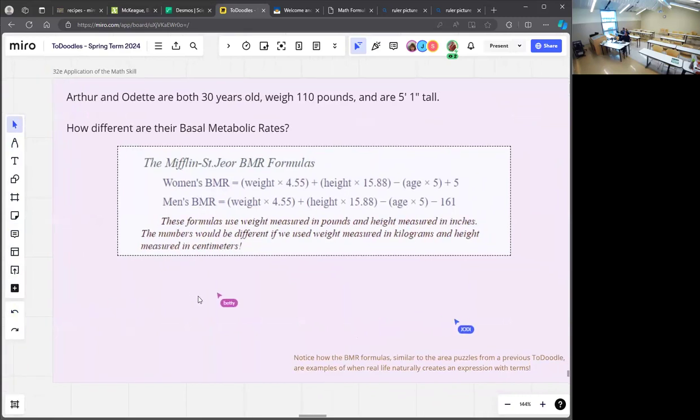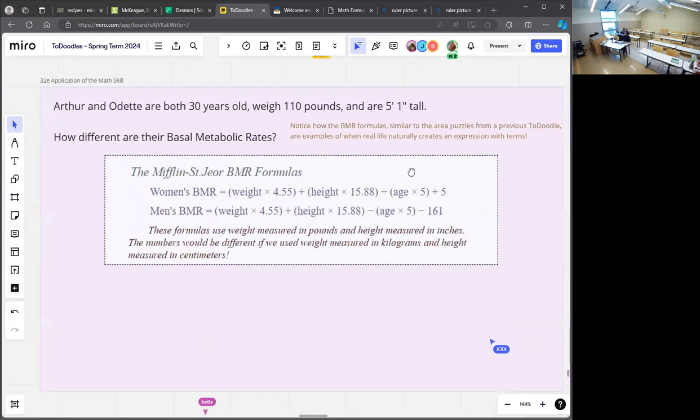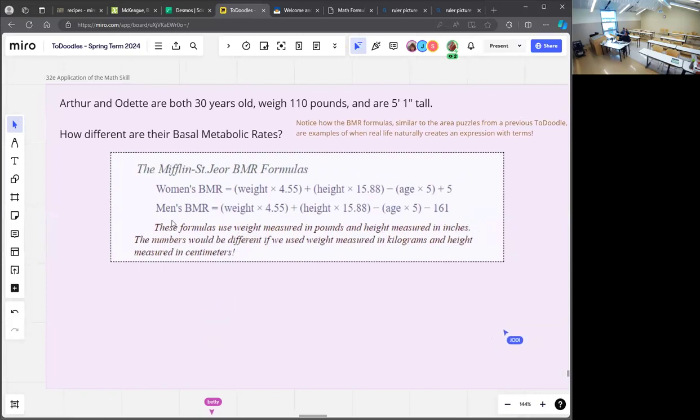So here's a more, I don't want to say difficult, because it's still not that hard, but a slightly bigger problem. There's something called BMR, for basal metabolic rate.